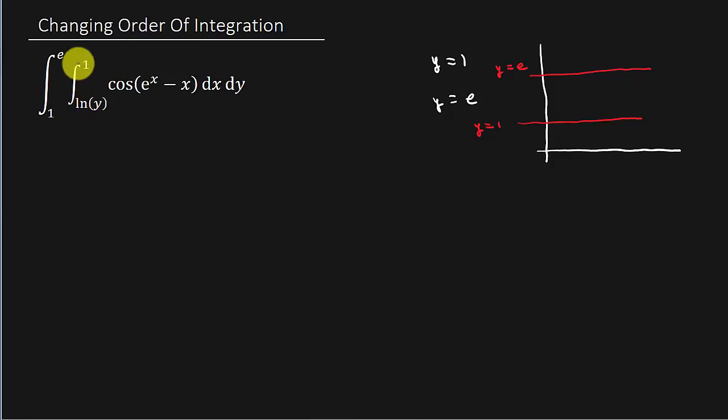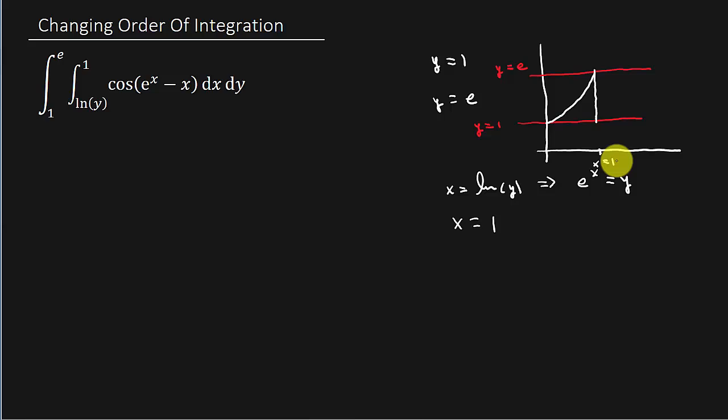For the bounds on the inner one, we have x equals natural log y and x equals 1. If x equals natural log of y, that means e to the x is equal to y. Converting to exponential form, the graph would look something like that. And here we would have x equals 1.